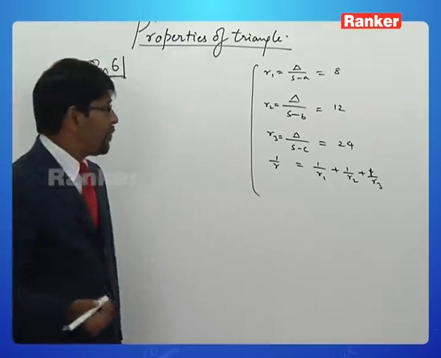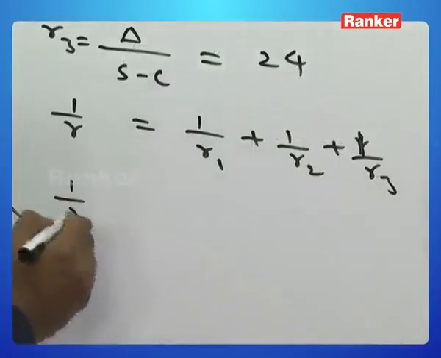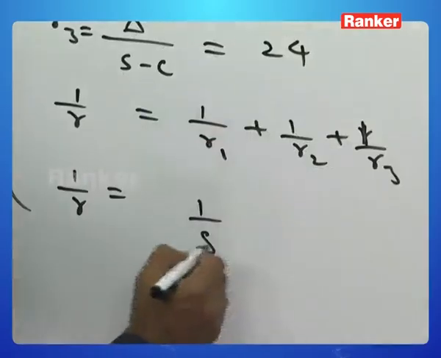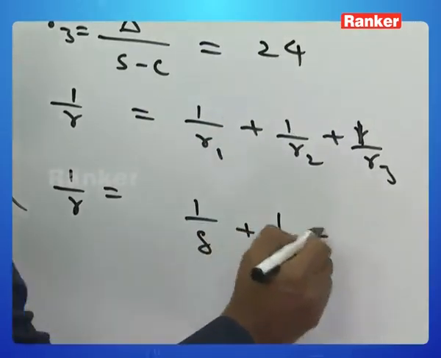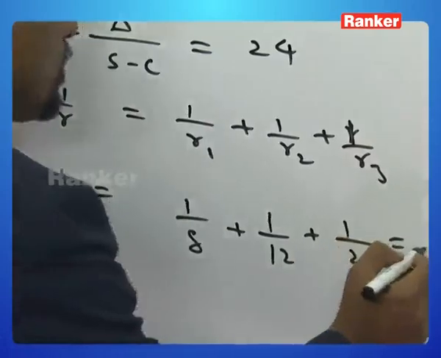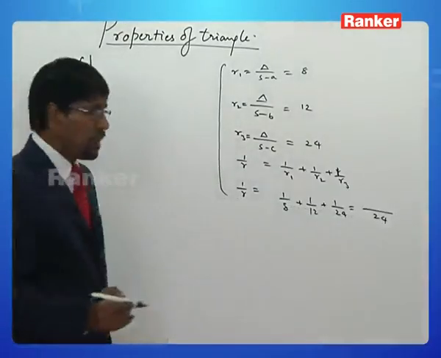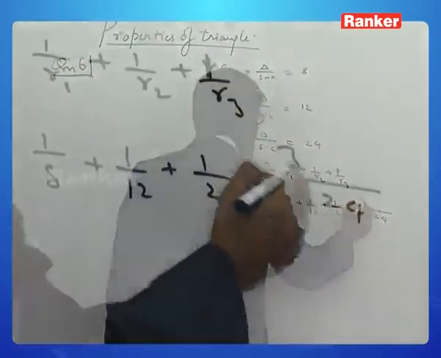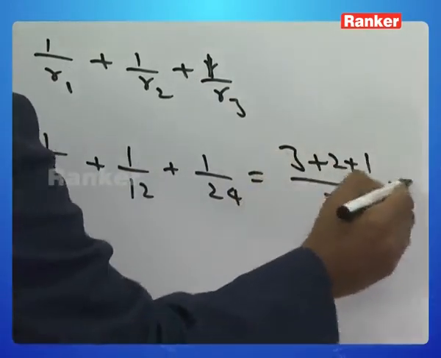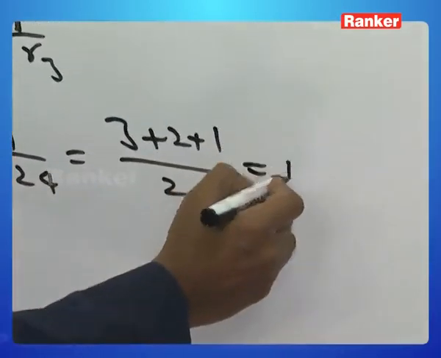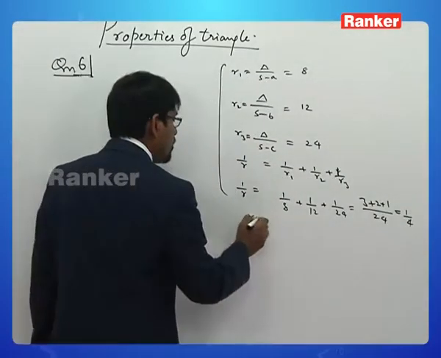So from here, your 1 by r will be equal to 1 by 8 plus 1 by 12 plus 1 by 24. You can take 24 as the LCM. We have here 3 plus 2 plus 1. That makes it 1 by 4. So r is equal to 4.